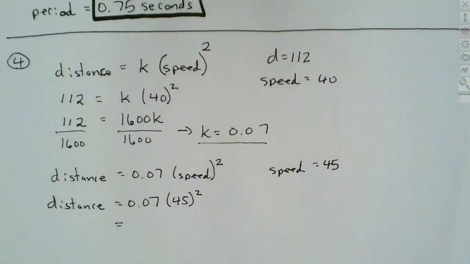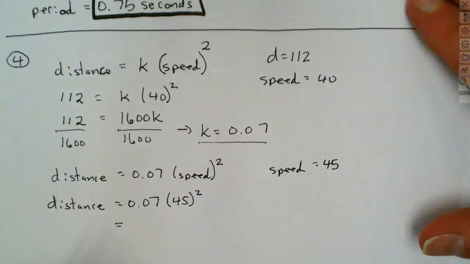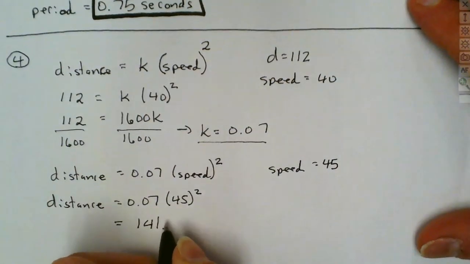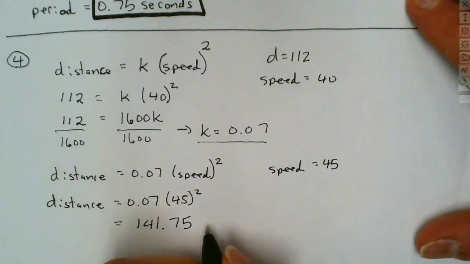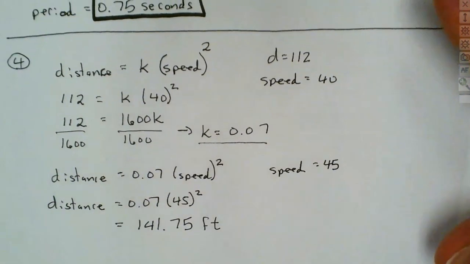And now we can calculate this out. And we're going to round to 2 places. So it looks like 141.75. And that in this case is going to be feet.